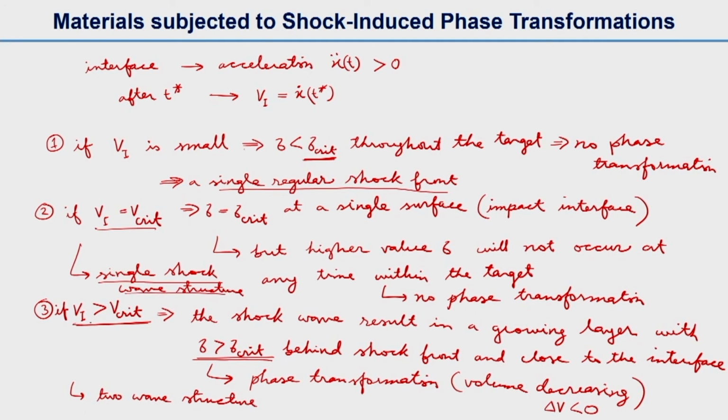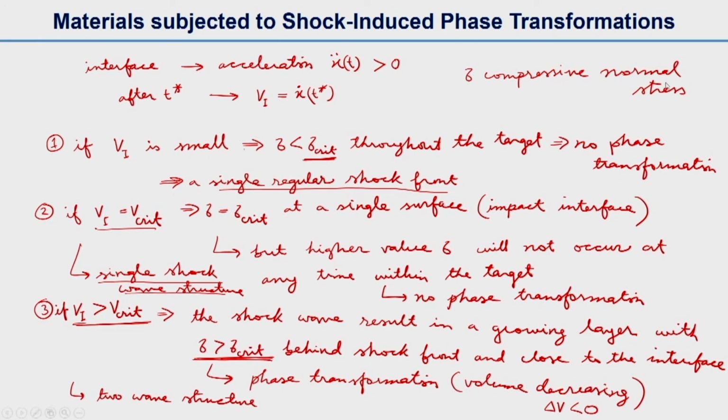But when Vi is greater than V critical, that will create a stress, and this sigma is the compressive normal stress we are talking about. I forgot to mention that. I hope that was understood: compressive normal stress.